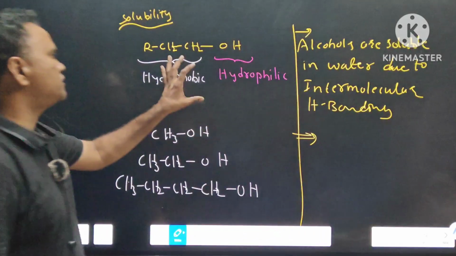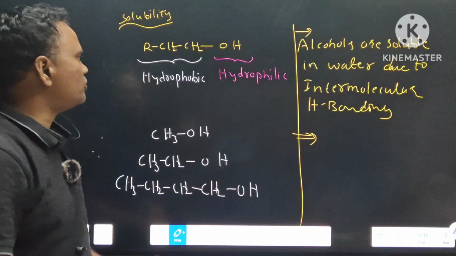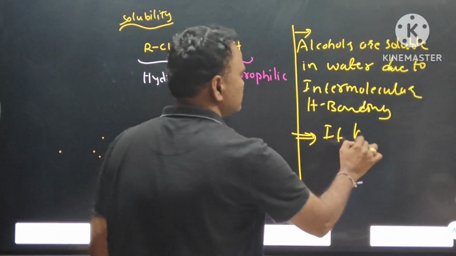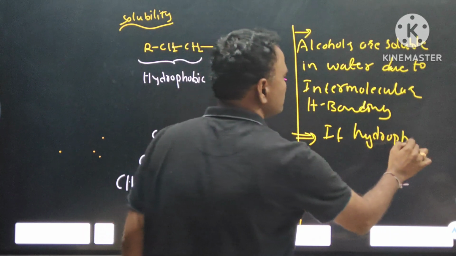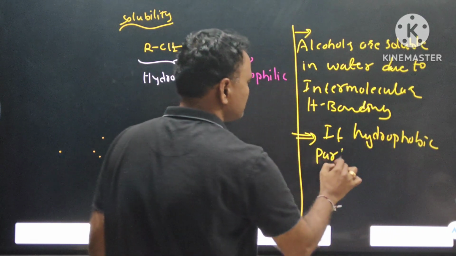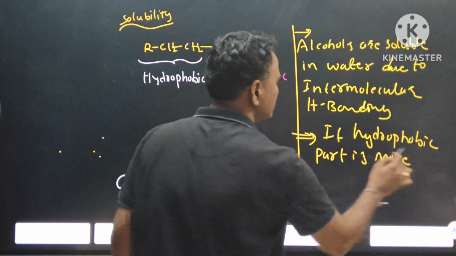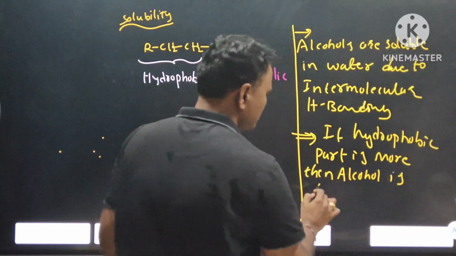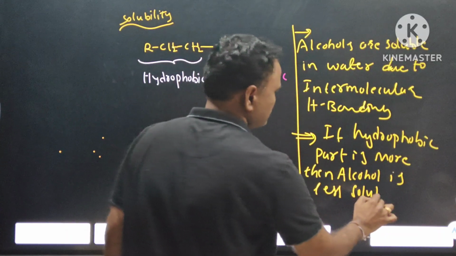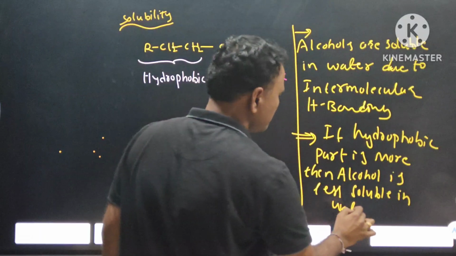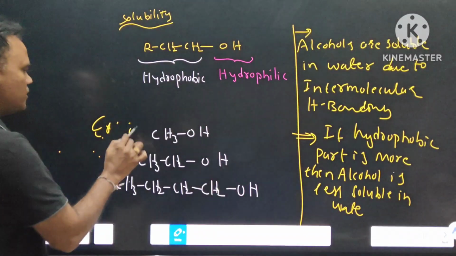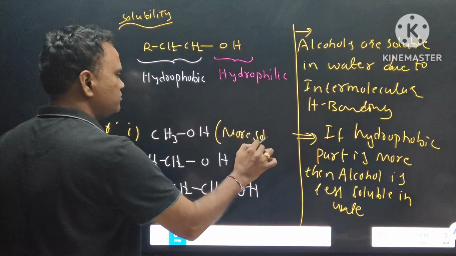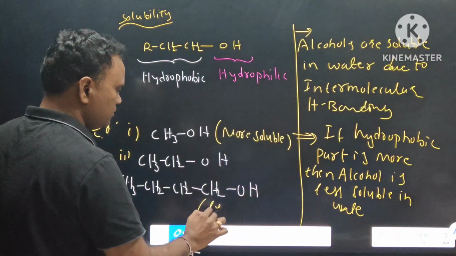Next, write this one: if the hydrophobic part is more, then the alcohol is less soluble in water. After that, write this example. Under example, you write 1, 2, and 3. Write in bracket: more soluble because the hydrophobic part is less. This is less soluble.